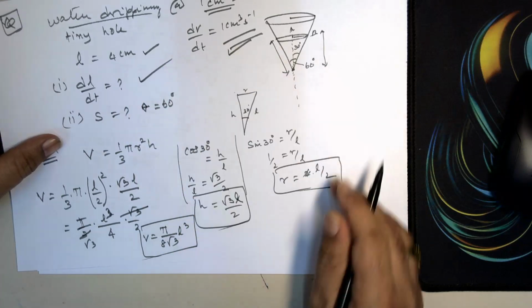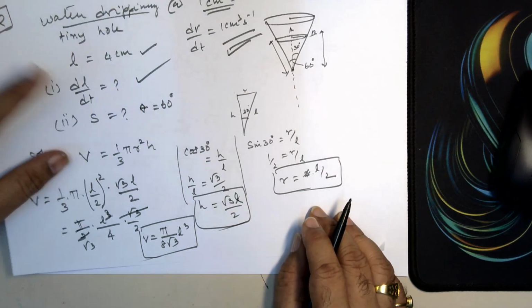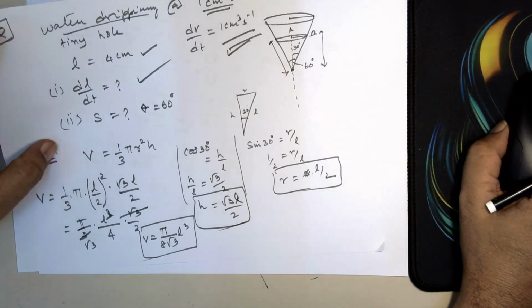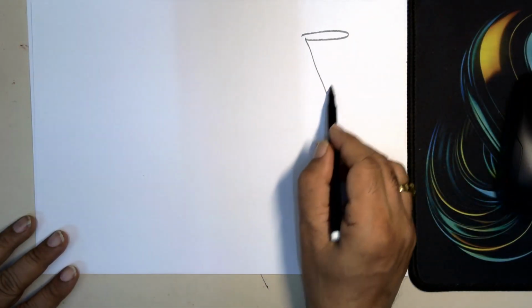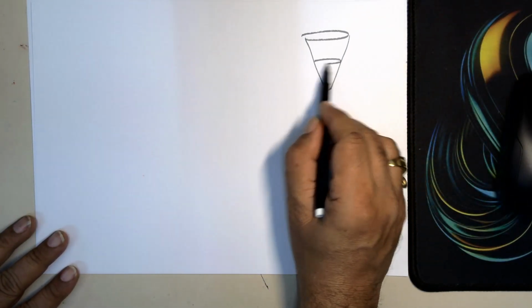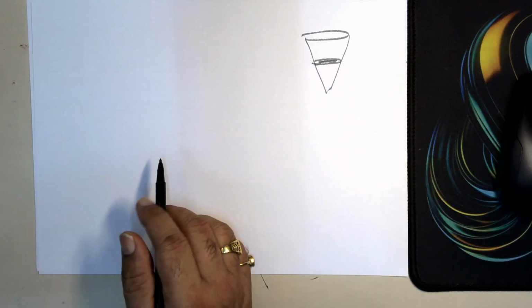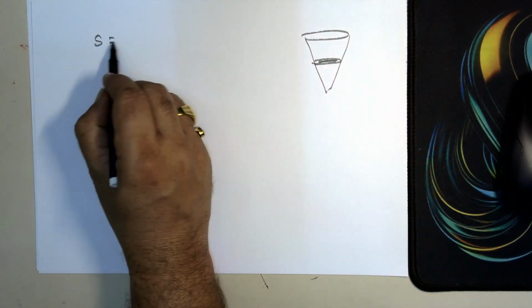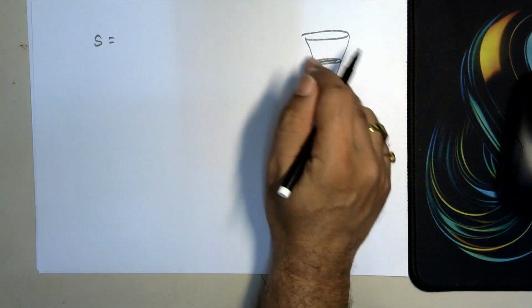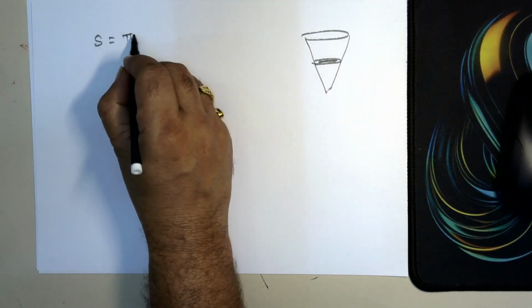Now, what is our next objective? So this is the first question. Second, they talked about the surface area of water. So you've got the water here, they talk about this. Area of water, write down. So S is equal to, this is nothing but the area of water, pi r squared.